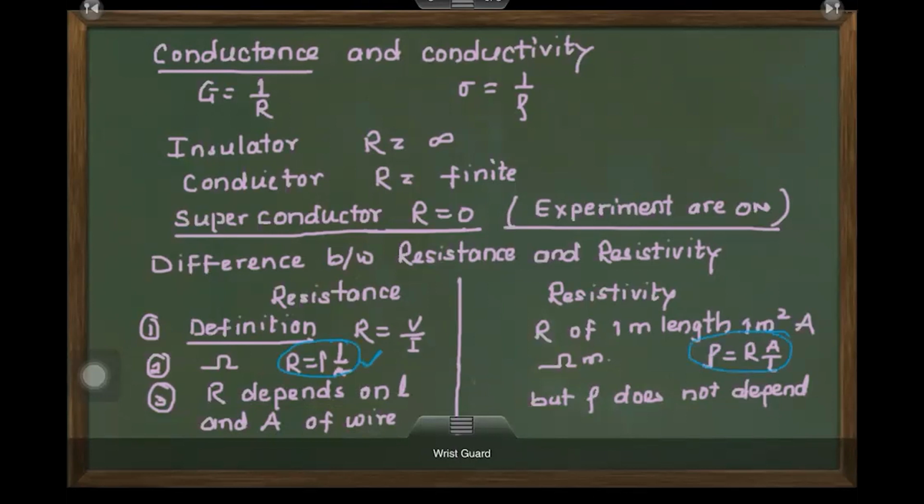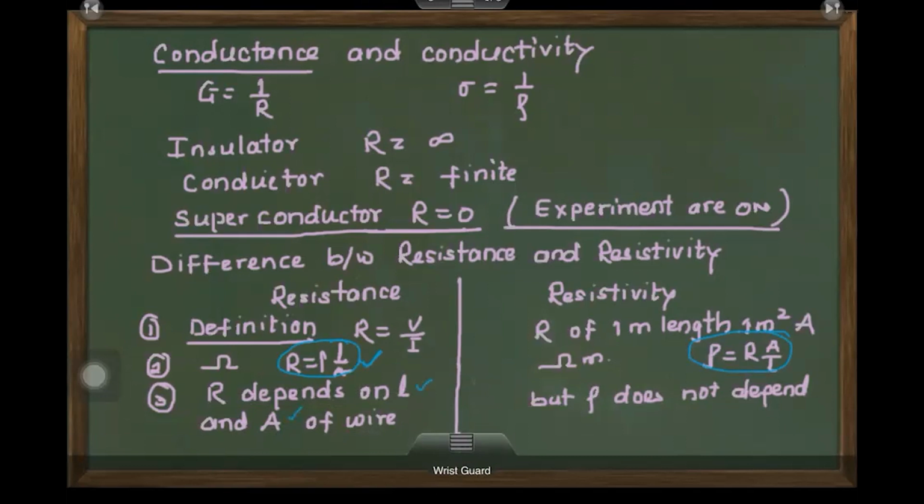With this expression, I'm saying that this is depending on L and A. But this is also a formula, and I'm saying that this does not depend on A and L, because rho is a basic property. This is the property of metal, basic property of metal. This is internal property. This is not of length and area.